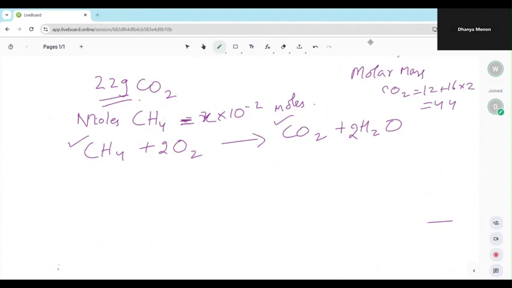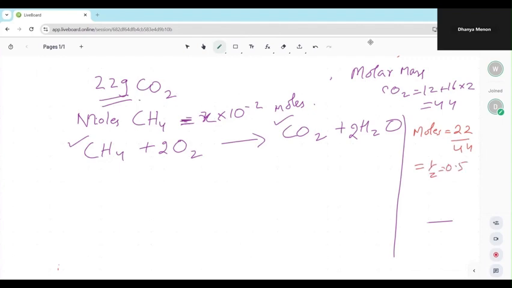Okay. So moles of carbon dioxide, mass is 22, mass over molar mass, right? 22 over 44, which is equal to 1 by 2, or 0.5. Okay. Right.